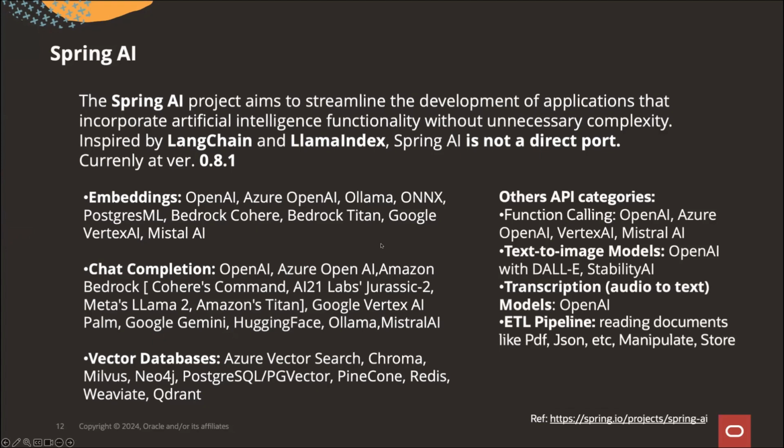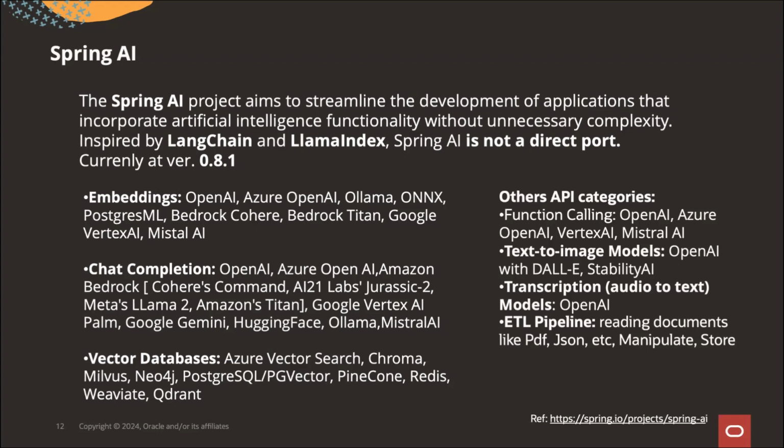This framework provides all the APIs that you need to create embeddings, leveraging any kind of LLM provided on the market; the chat completion, that is the final phase, that you can run through OpenAI, Azure, and so on; and the vector database for all the most relevant databases available on the market as a vector store.